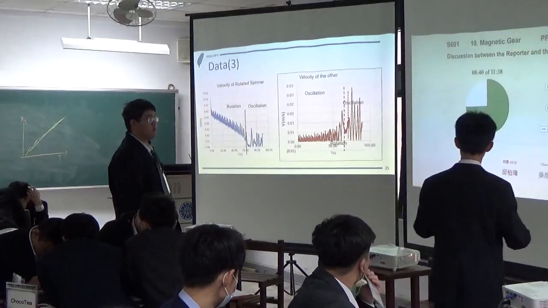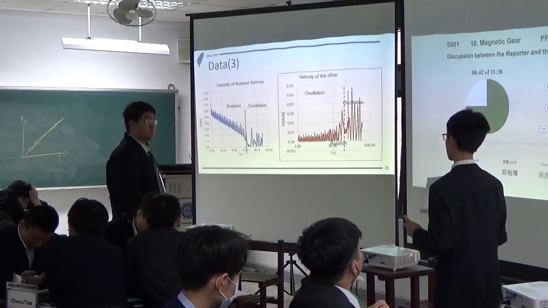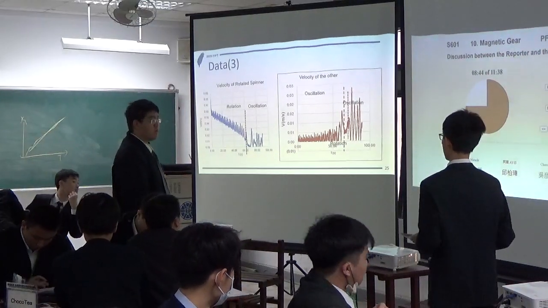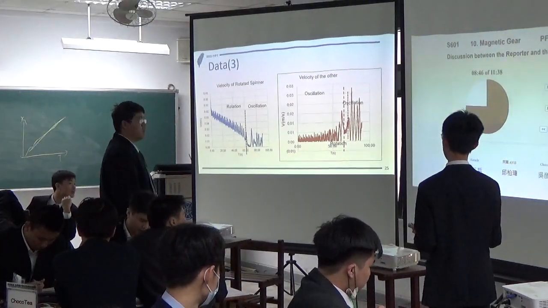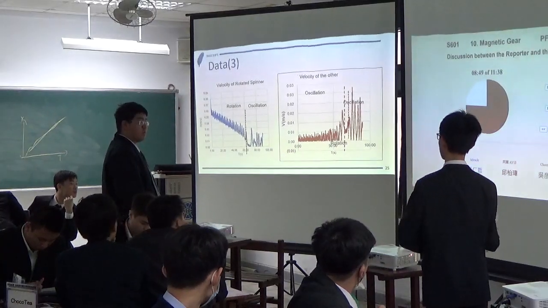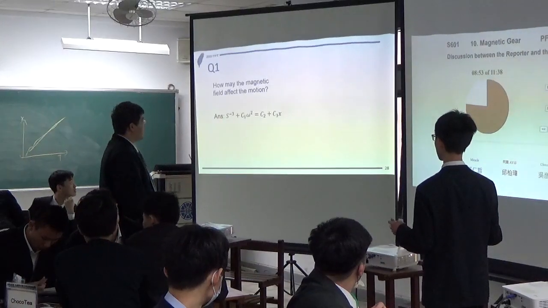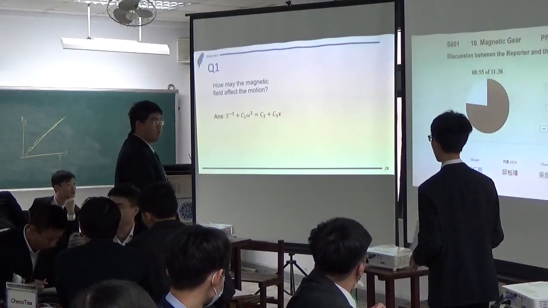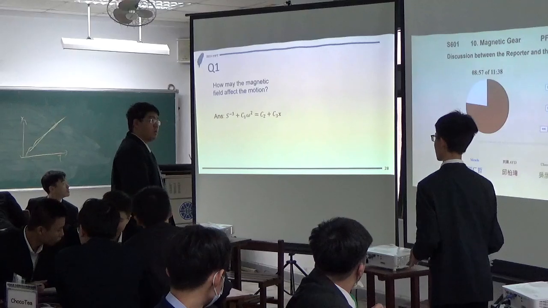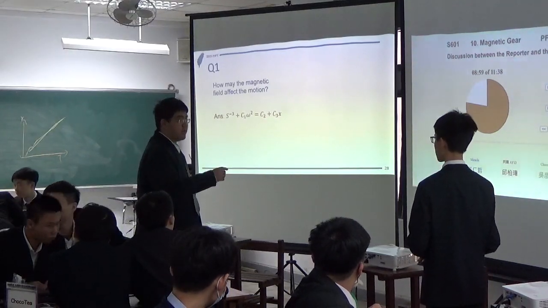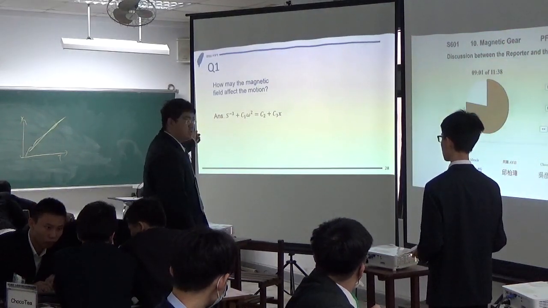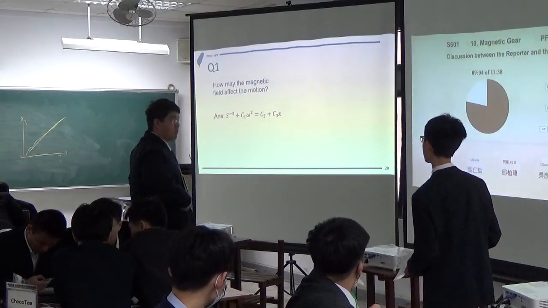Then move to our last part. Let's show the energy data again. The conclusion of energy: s to the power of -3. Why -3?